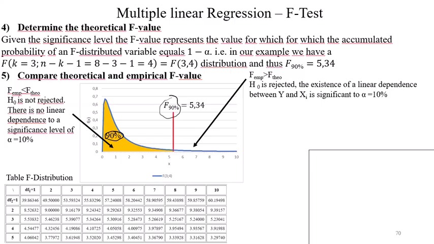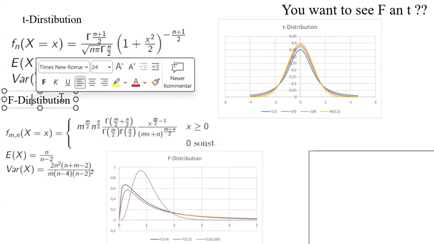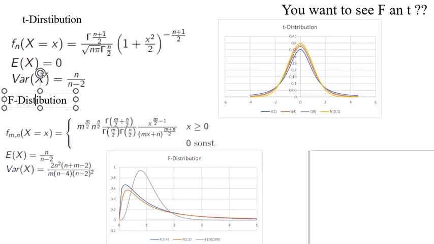Well, let us directly switch to very horrible formulas, because then it can be shown that this F distribution looks like this, and it is depending on our two parameters, so that it has in general this asymmetric shape.